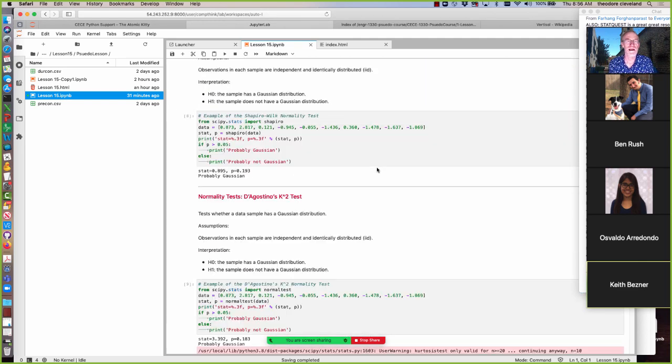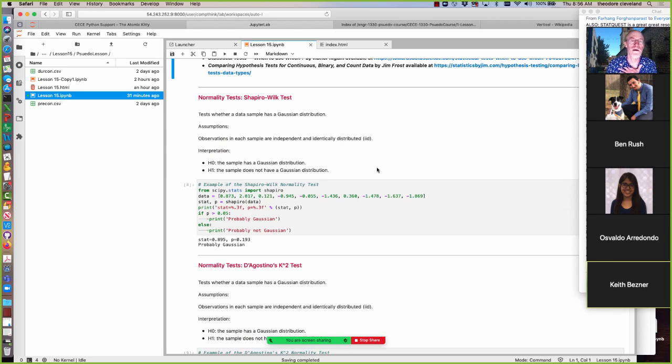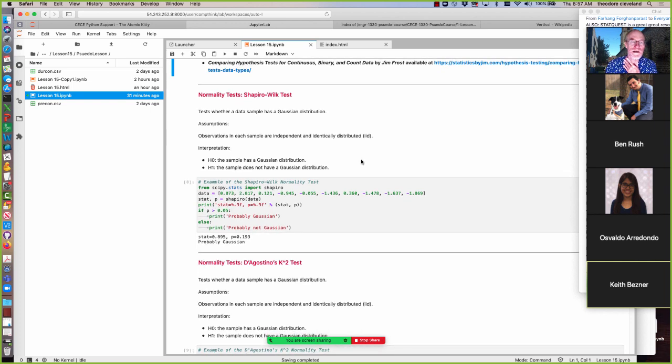So now we get to the scripting part of the lesson. Here's a test for determining whether the data in a sample appears to be Gaussian distributed. Gaussian distribution and normal distribution are essentially the same creature. The default hypothesis is that indeed the data are Gaussian distributed. The alternative is that they're not Gaussian distributed.